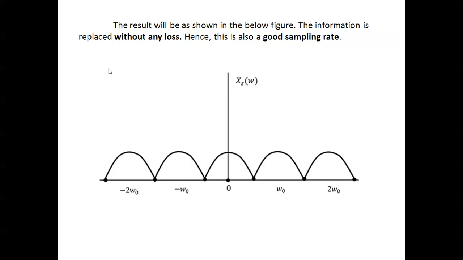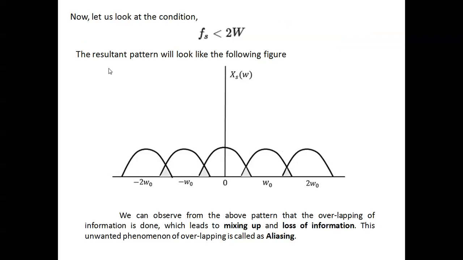So it is correct sampling. Theoretically it is okay, but practically it is not possible, because there is no perfect start and end time of the signal. That's why we go for a higher frequency for sampling. So this is a critical condition.